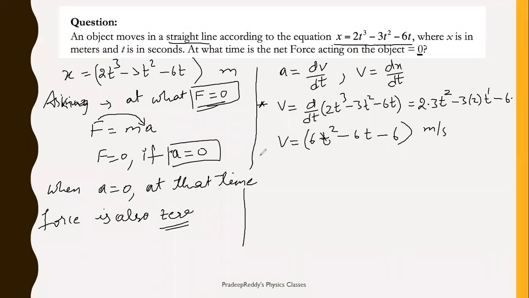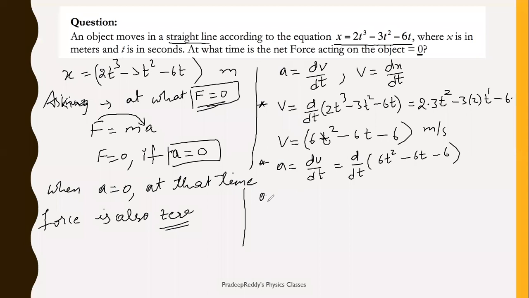Now you are supposed to find out acceleration a. a will be equal to dv by dt. This is equal to d by dt of velocity, which is 6t square minus 6t minus 6.